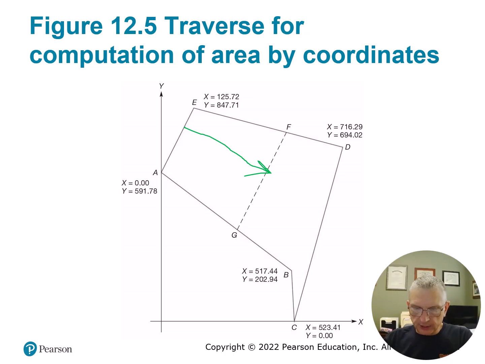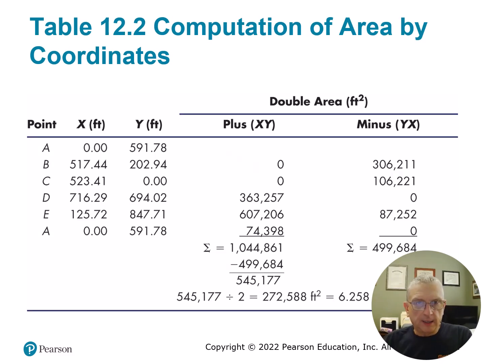But then we're going to move to section 12.6, which is area by double meridian distance method. And this will be expounded upon more in a different lecture and video that I'll provide. But basically, going back to that same form, the double meridian distance method, or DMD, by multiplying your latitudes and departures, because your coordinates don't really matter, because your coordinate value can be based on state plane or assumed 0, 0 or assumed 5,000, 5,000, and the area of your shape is not going to change.